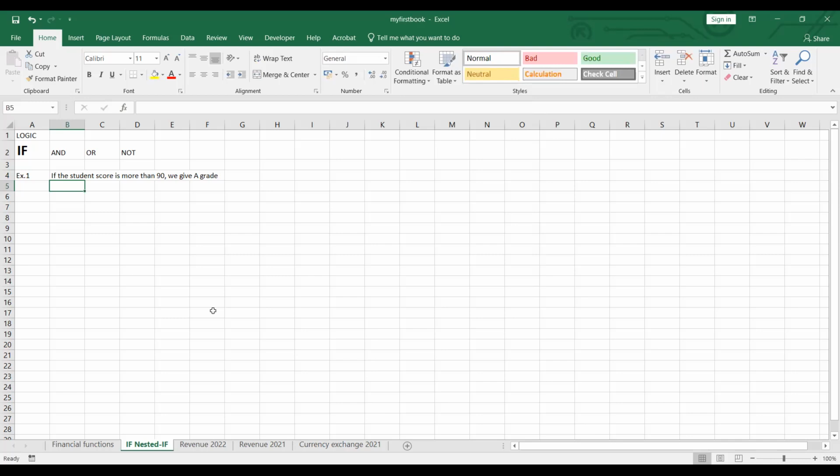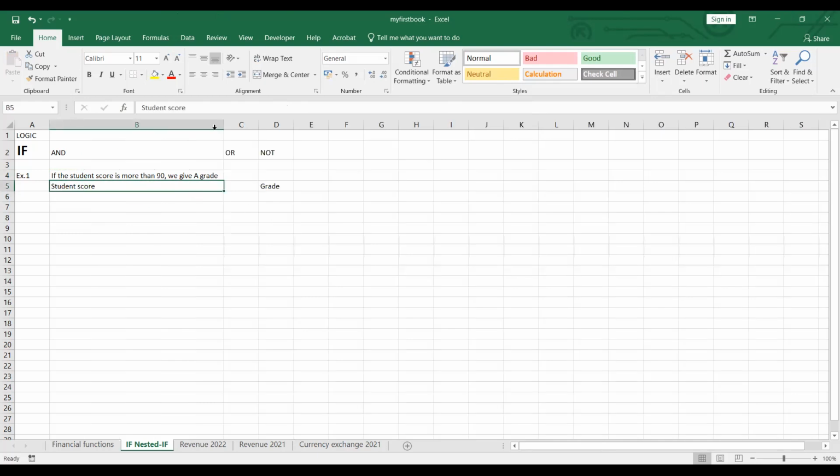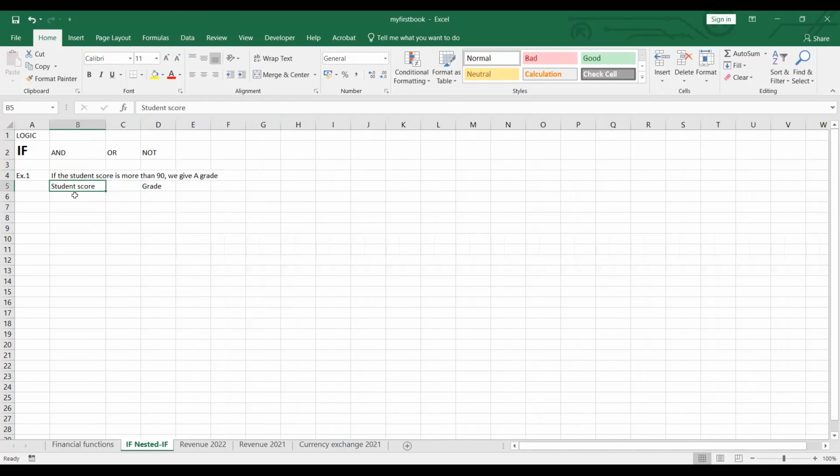In this one, suppose I have the student score like this, and we would like to justify the grade here. Suppose a student gets 90.